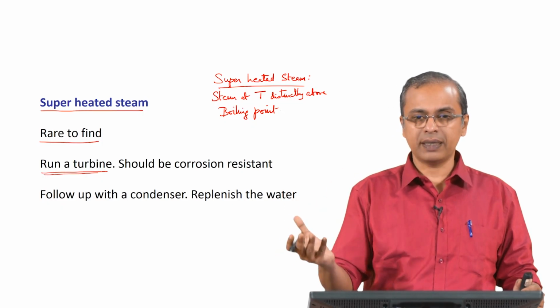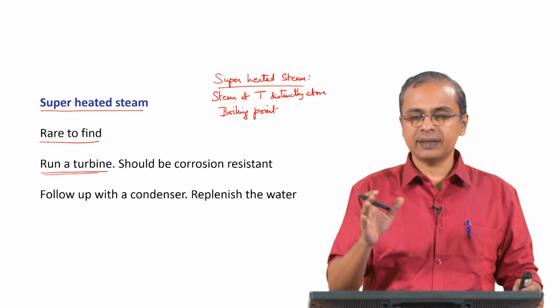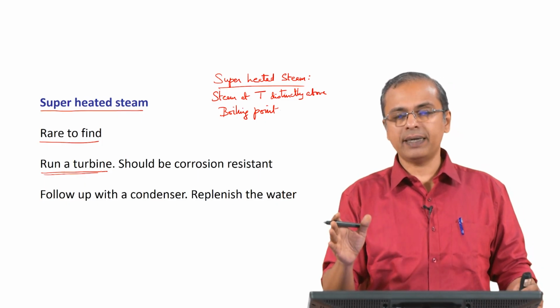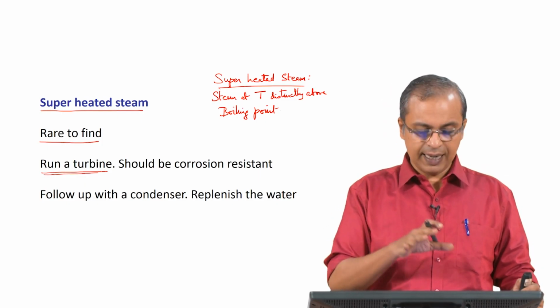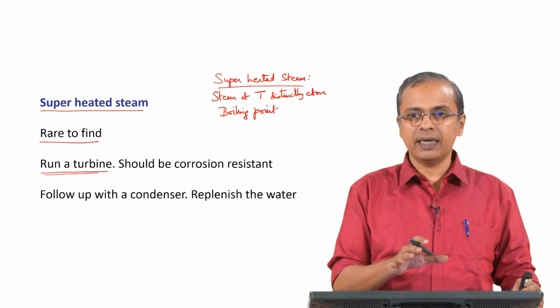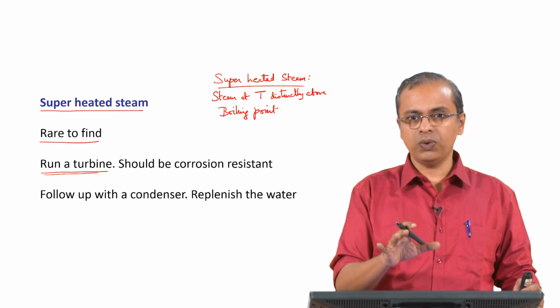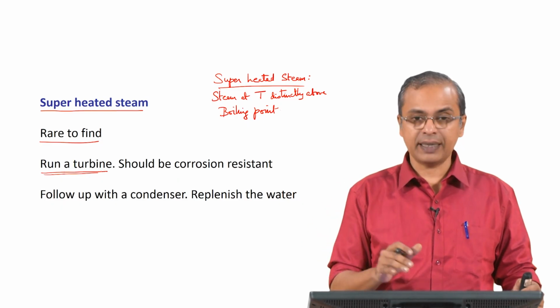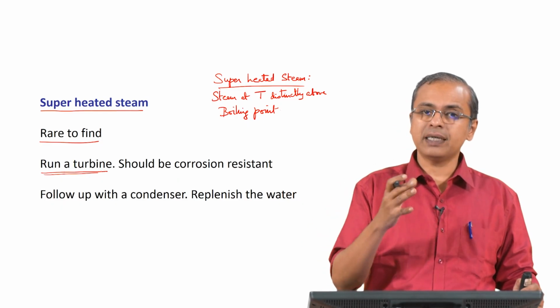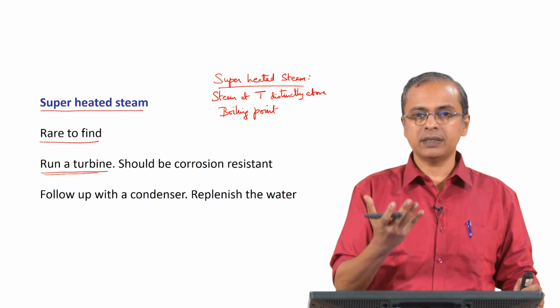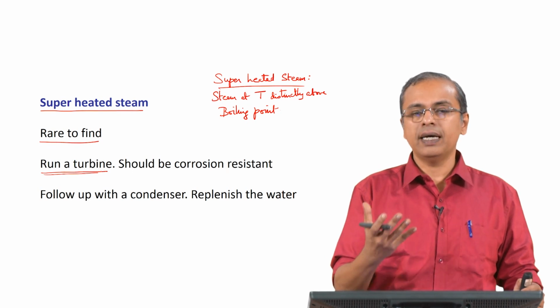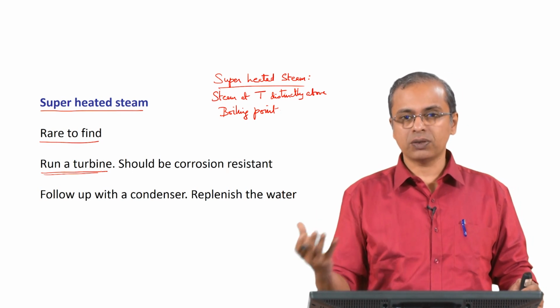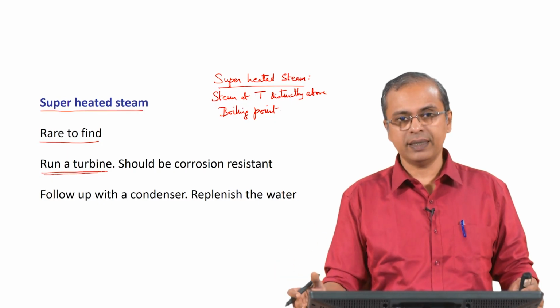The only difference between a thermal power plant and this geothermal situation is that in the thermal power plant, you started with clean water. The water is clean, something you had control over, and therefore the steam that you get is also clean and is used to run the turbines.